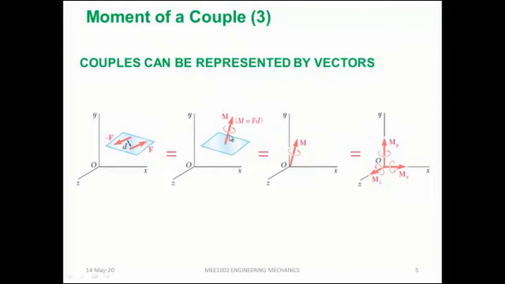Since this couple is a free vector, you can move this vector to the axis also, the coordinate center. Now it is inclined to all the three axes, so it could be written as the components Mx, My, and Mz, all anti-clockwise.